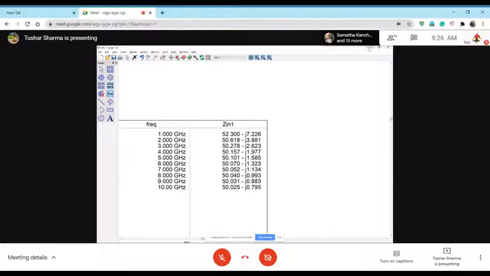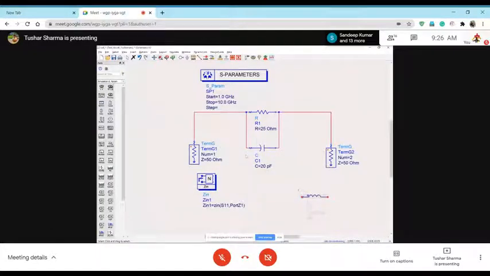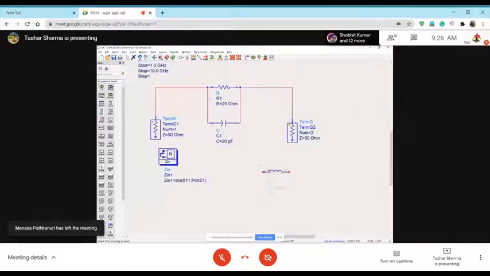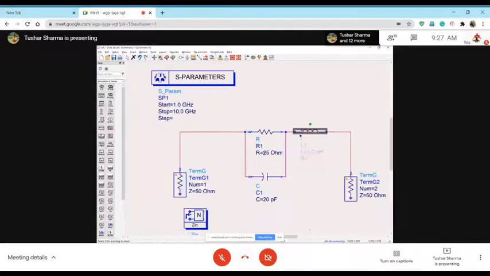So looking at this port, I can calculate what my impedance is, and I can do whatever I want. The point here is you can make this network anything you want. You can put an inductor here, you can put whatever component you want, and you can have a combination of it. That's just the idea of how you simulate these things.